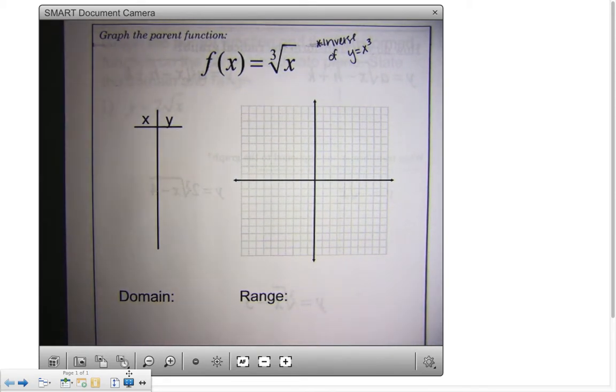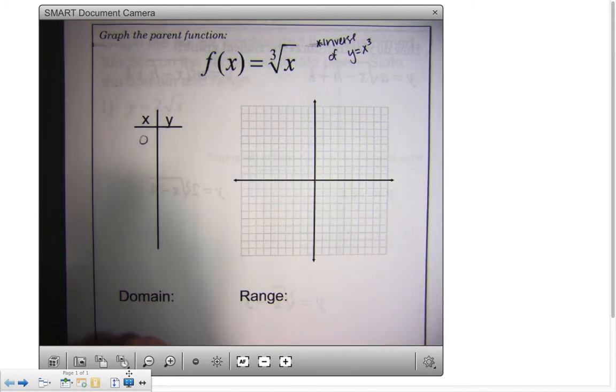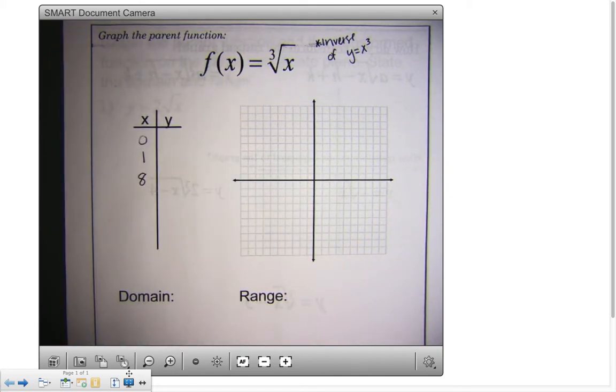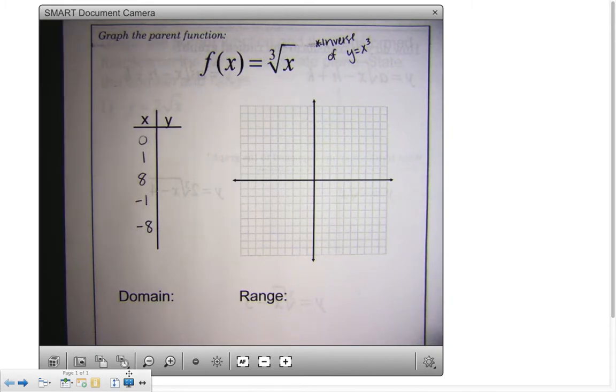When I pick some x values to graph this one, I'm going to pick perfect cubes. So we know 0, 1, and 8. And we can also do the negative, so maybe negative 1 and negative 8.